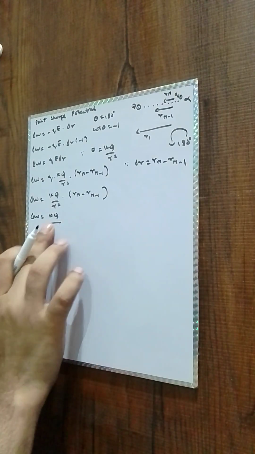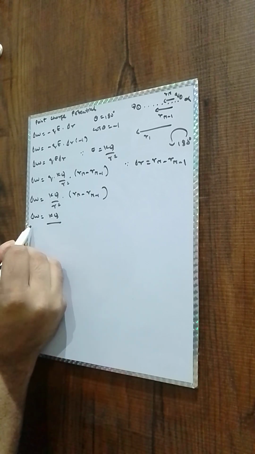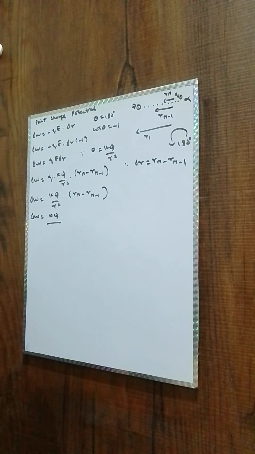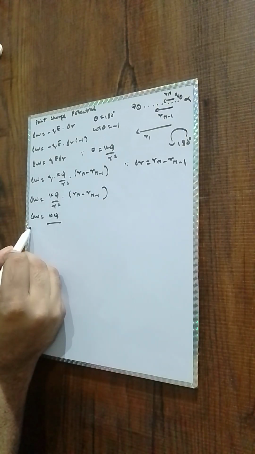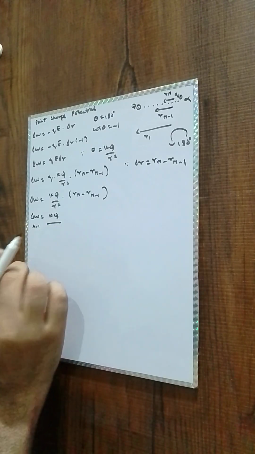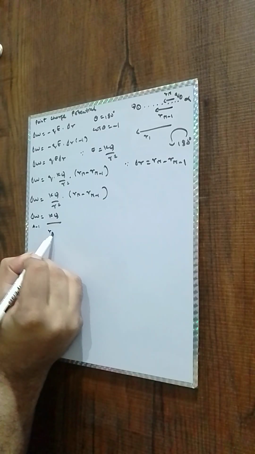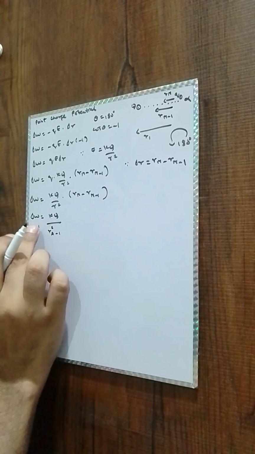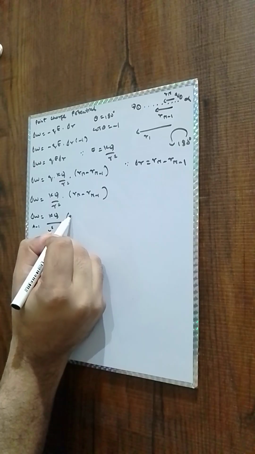So now this is our work done from point A to 1, which is RA to 1 whole square.